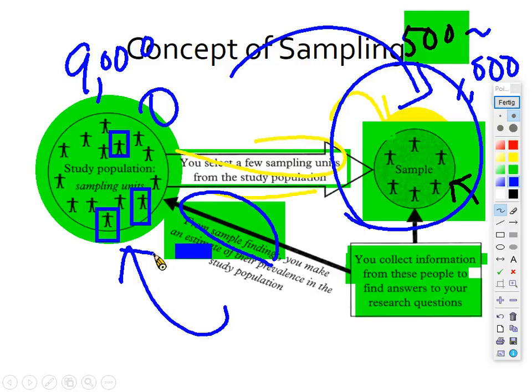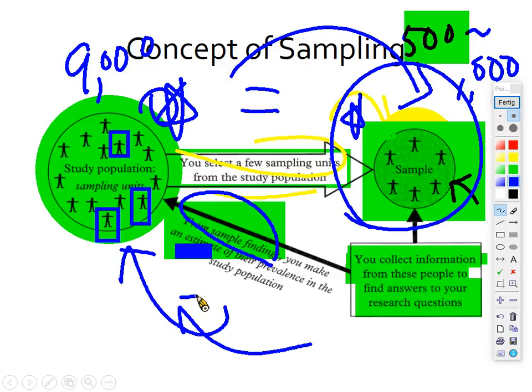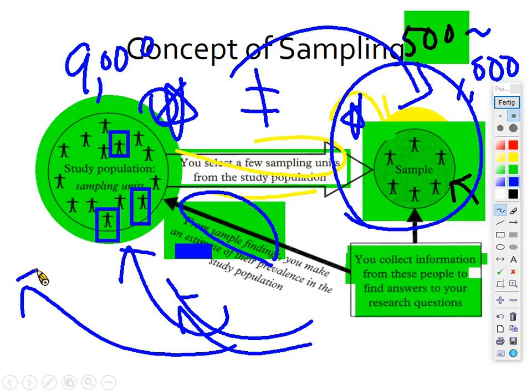So, if you want to make sure that your estimation is as precise as possible, then the characteristic of the population should be as close as possible to the characteristic of the sample, right? If they are equal, then your estimation is perfectly sound. If they are not equal, then your estimation can be very misleading. Is that right? So this is the concept of sampling. Very simple. So far, are you good with me?